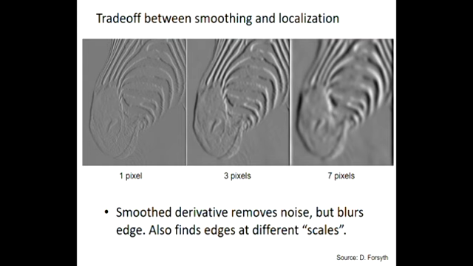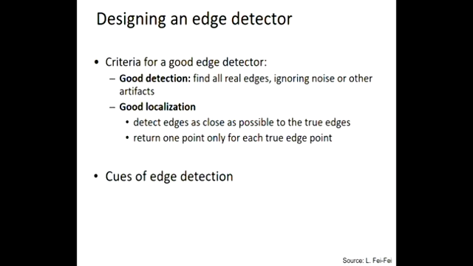Then we're going to get these thick strips where we've got a high derivative, but often we just want a single contour. So we really want to know what's the peak rather than having bands where there's a lot of edginess. The question, to repeat it, is what do I mean by returning only a single point for a true edge?